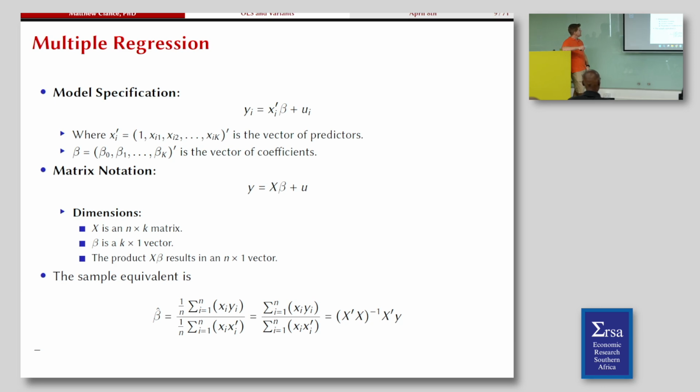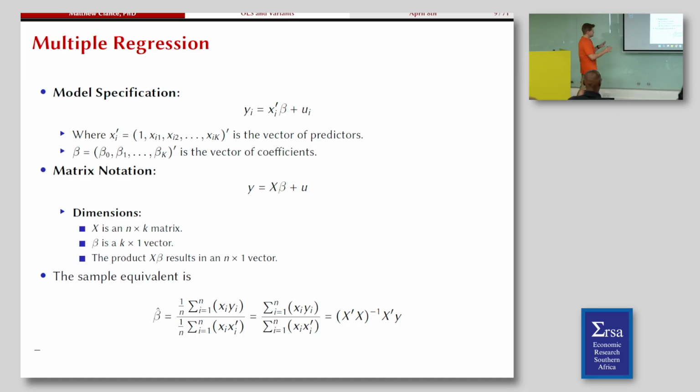And then we have our vector of coefficients. In terms of dimensions, X is an n by k matrix, beta is a k by 1 vector, and the product results in an n by 1 vector.